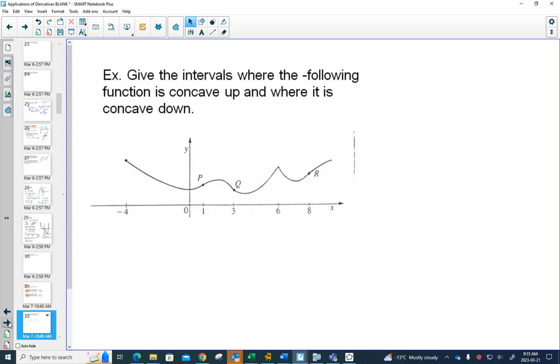So I would say, let's take out two colors of pens here. Let's do concave up, positive stuff in blue, and concave down, negative stuff in red.